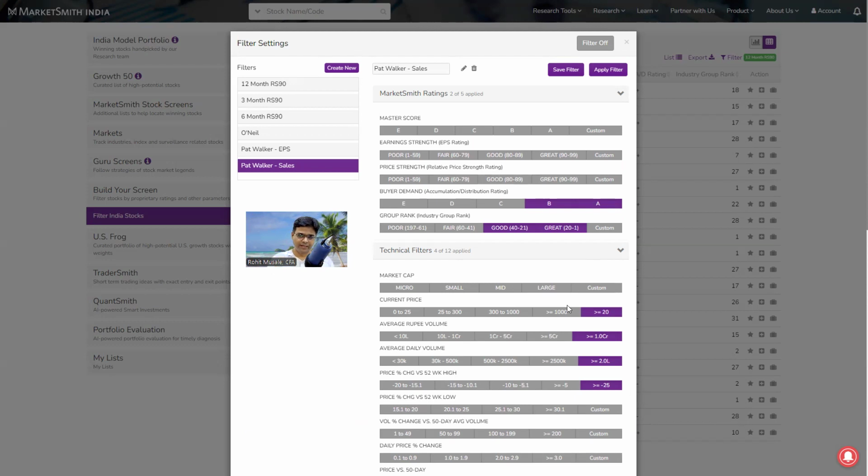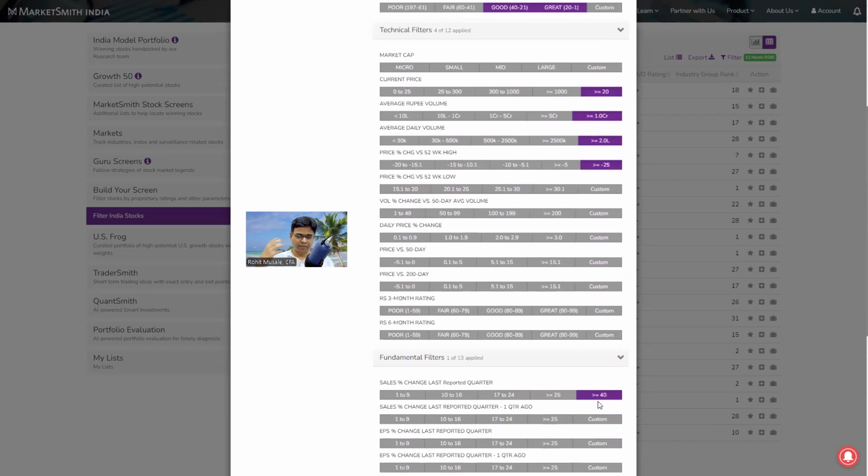That is why he's focused more on EPS and sales. So, what I personally do is I use these filters to filter the stocks. Then, out of those stocks, whichever are showing the highest relative strength and are forming a base, I'm more interested in those kind of stocks because they are showing both technical strength and fundamental strength.